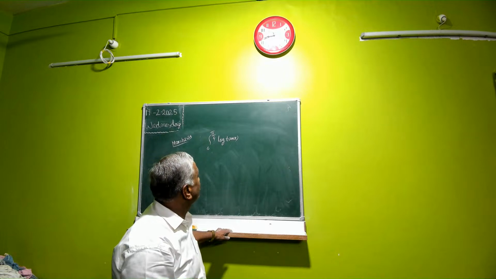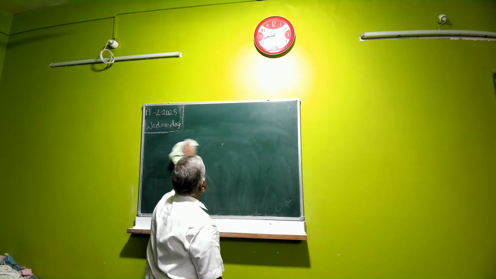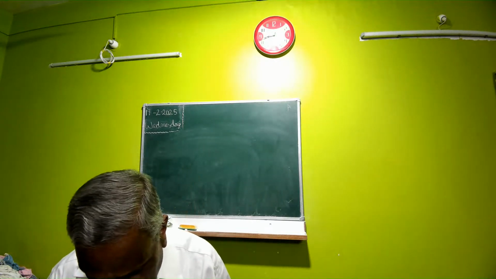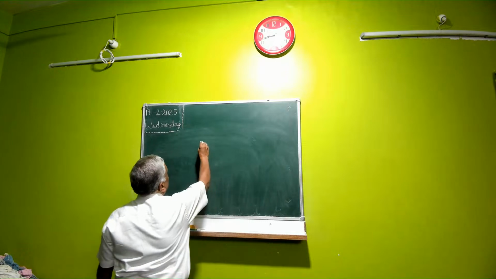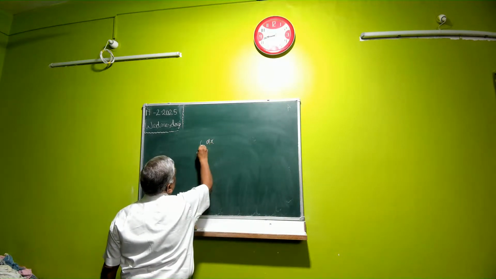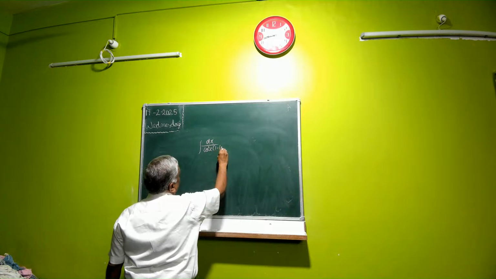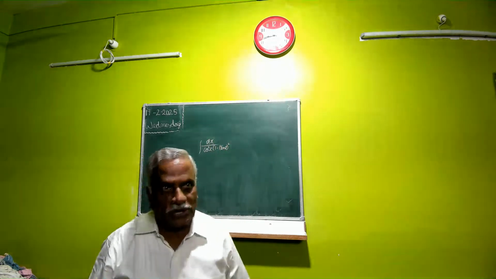Log tan x, this is maybe my mistake, it has come, I will not work that. We'll go to the next problem, that is already worked out: dx over cos square x into 1 minus tan x whole square. Already worked out problem, no need of working.